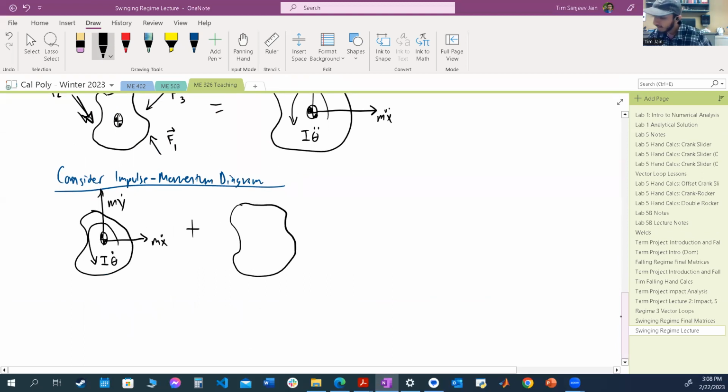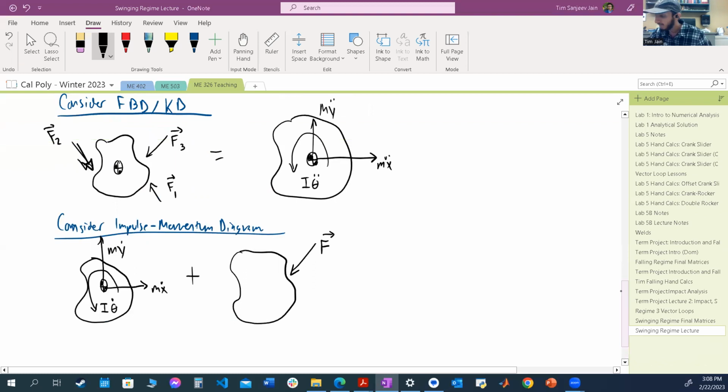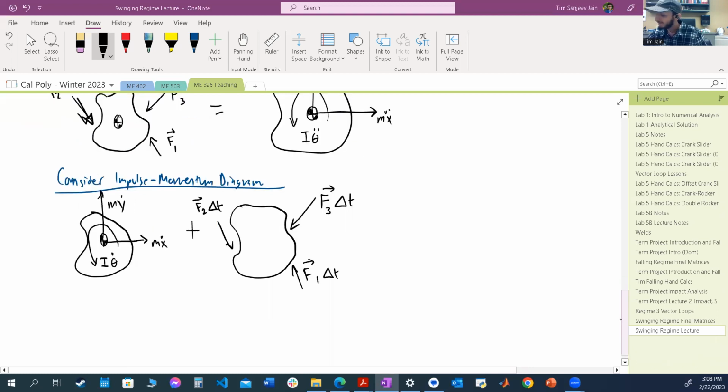So that's going to be F3 delta T, F1 delta T, and F2 delta T. And then that's going to equal the after, or just after impact, conditions.